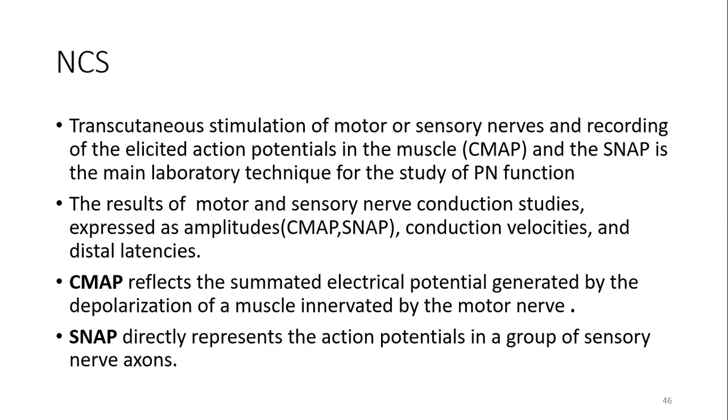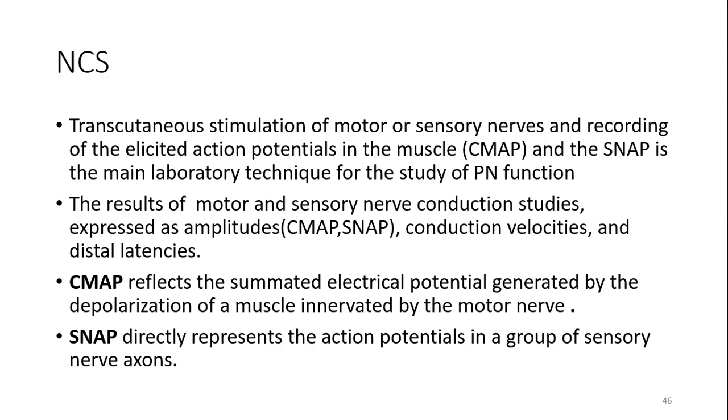The results of motor and sensory nerve conduction studies are expressed as amplitudes; as I said previously, you can measure the amplitude. Other important things we can see from the nerve conduction study are the conduction velocity and the distal latency. In the case of sensory nerve examination, the name is not distal latency, rather onset latency.